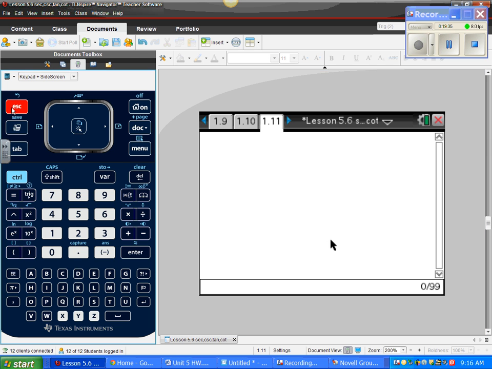Okay. So we need to do secant of 52, right? Now I told you guys we can't use the secant button on our calculator, so we have to write it as its reciprocal. What's the reciprocal of secant? Say it again? Yeah.